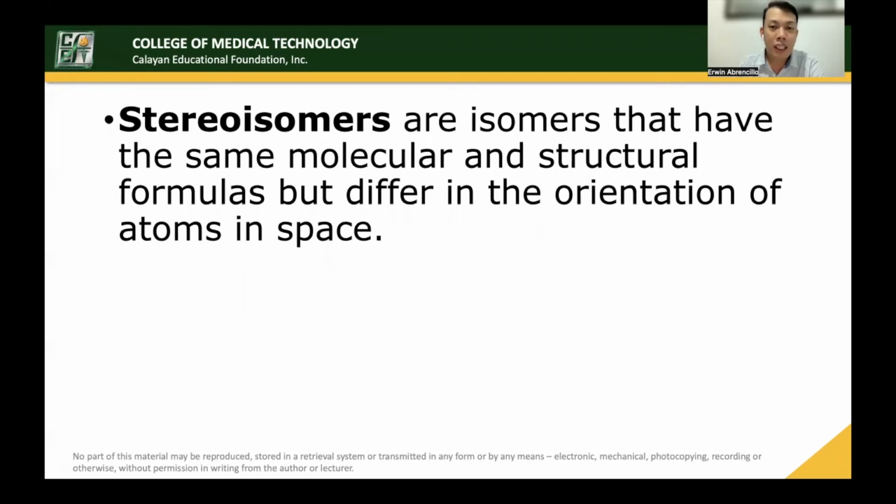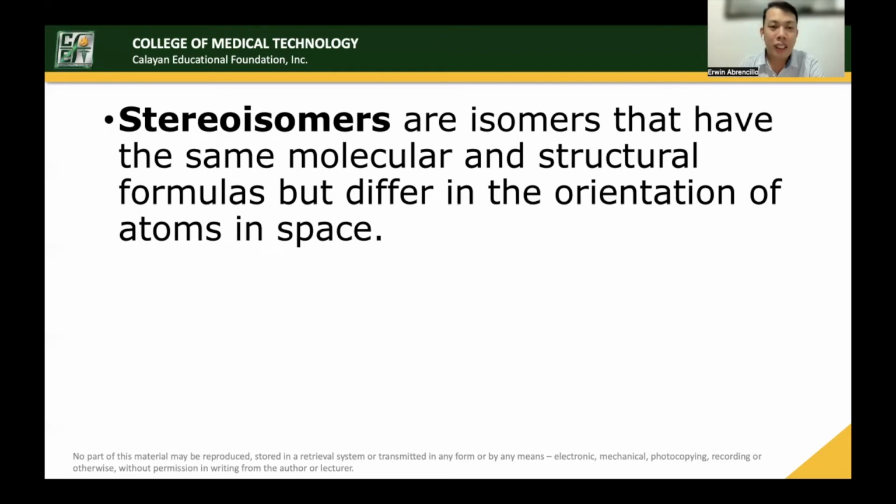Okay, so let's talk about stereoisomers. Way back in your organic chem, I think this is one of the topics there. They are isomers that have the same molecular and structural formulas but differ in the orientation of atoms in space. If you look back, isomers have the same formula but different structure.